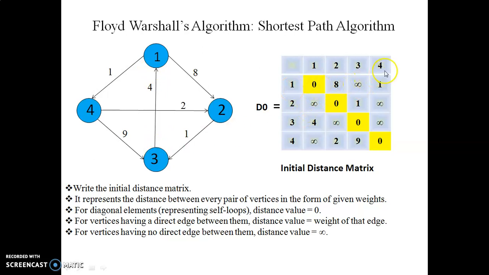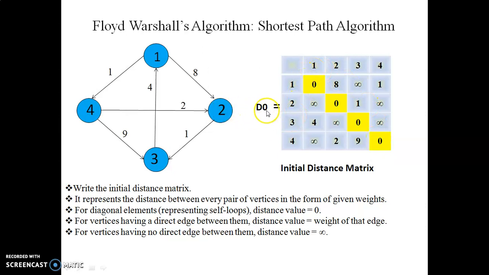From 1 to 4, there is an edge with the weight equal to 1, so we write it as 1. Similarly, considering all these vertices on the vertical line and the horizontal line, we write down the index values. If you observe here, all the diagonal elements will be 0. So this is one of the specialities of the shortest path algorithm.